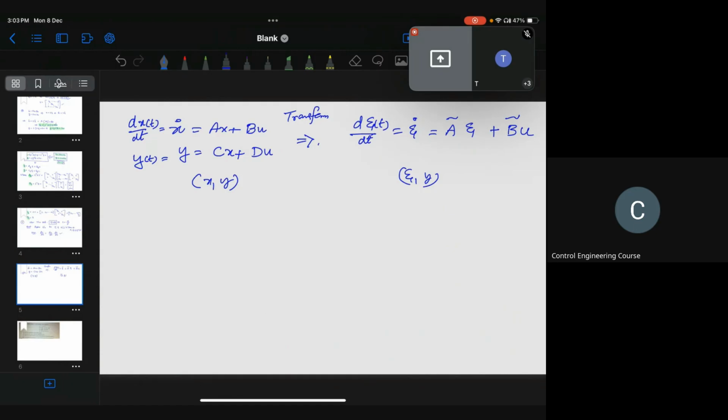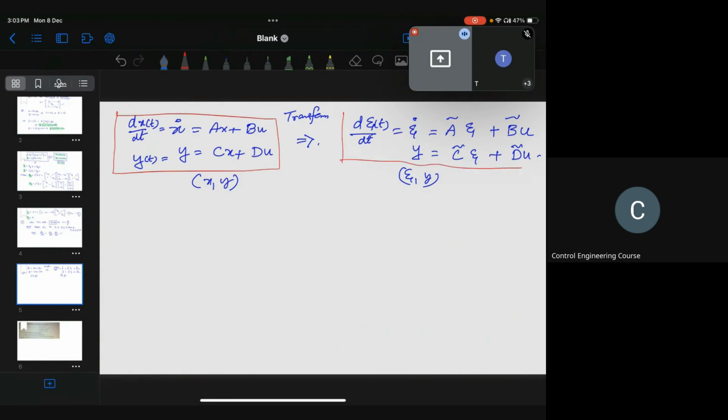Similarly, we can write y as C tilde zeta plus D tilde u. So these are the two things we have.